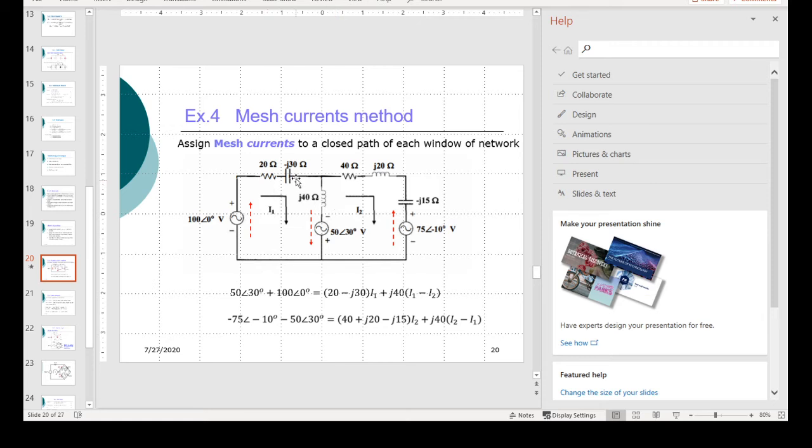Notice that in this element here, the current flowing is this mesh current I1. In this element, 40 plus J20, the current that flows here is I2.